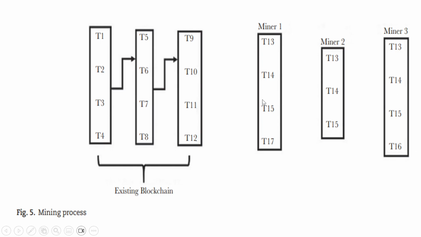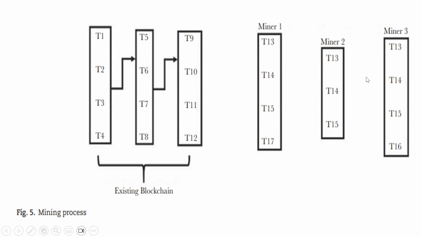They are in competition with each other. Let us say miner 1 is successful in mining the block, in the sense that miner 1 is the first one to get the valid block hash value. Once miner 1 is successful, miner 1 propagates this block to the other two miners.